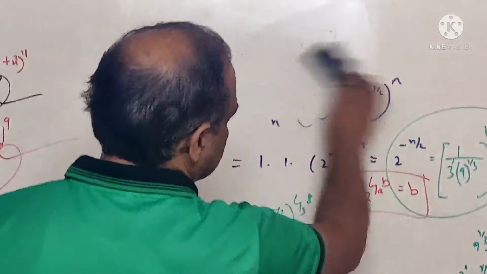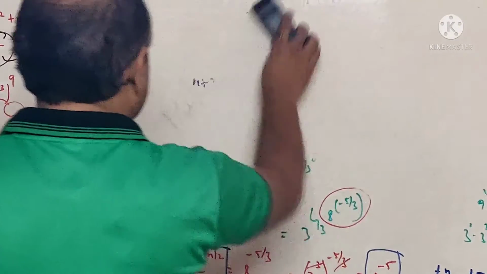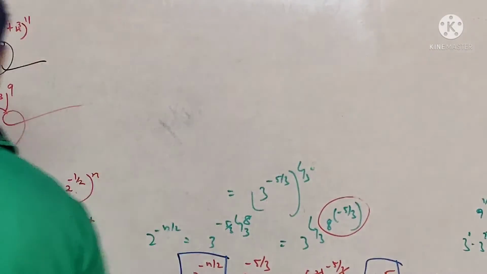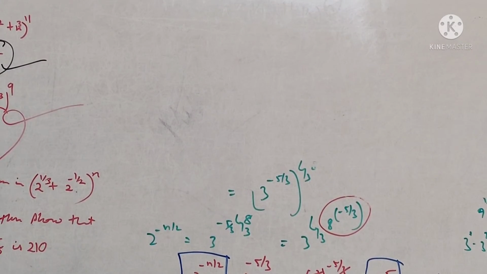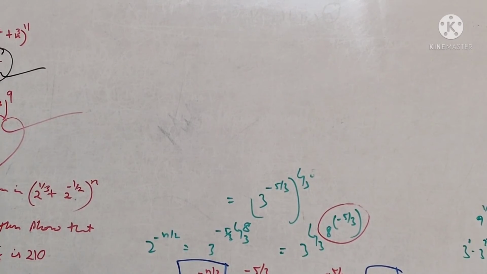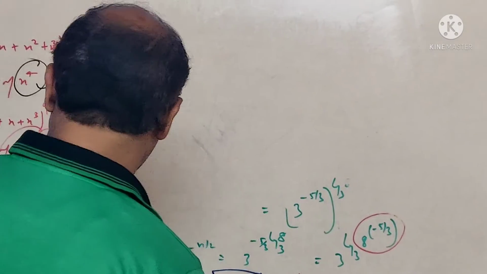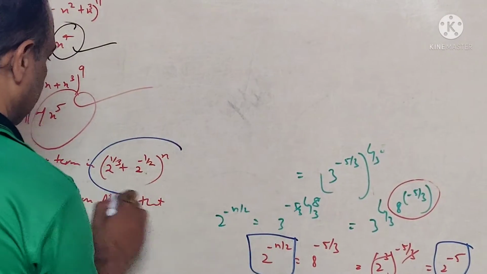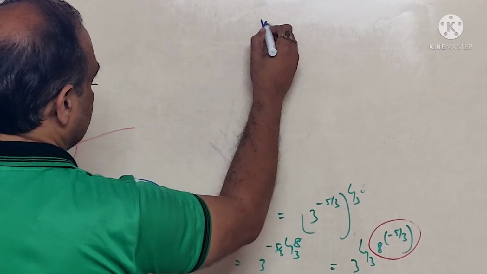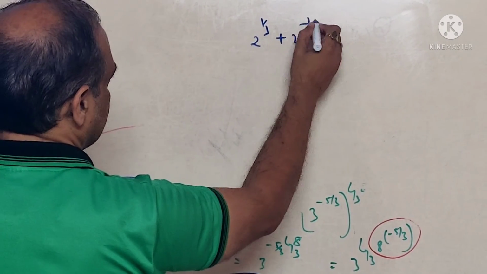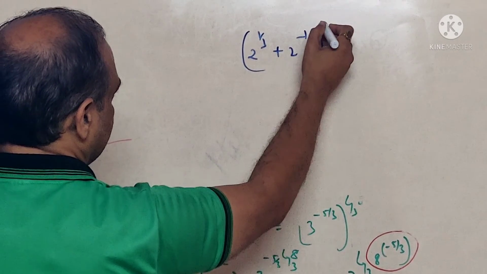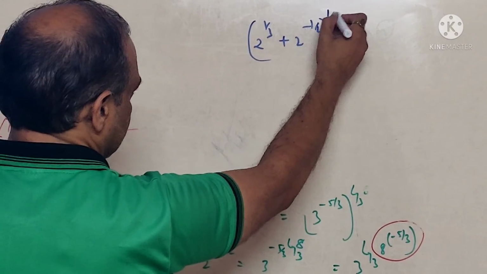Now you have to find out t5. You have to go with this again: (2 power 1 by 3 plus 2 power minus 1 by 2) whole power n, and we know that n is equal to 10.